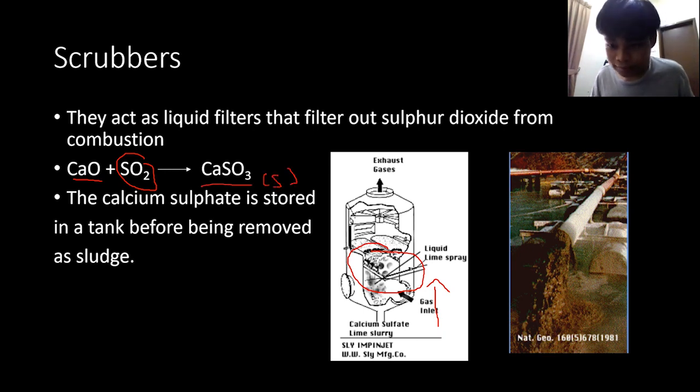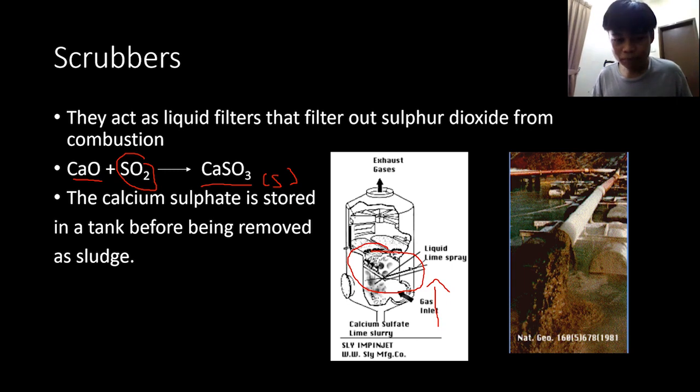The calcium sulfate is then stored in a tank before being removed as sludge. So the exhaust gas will not contain sulfur at all, because all of the sulfur has reacted and turned into calcium sulfate in solid form.